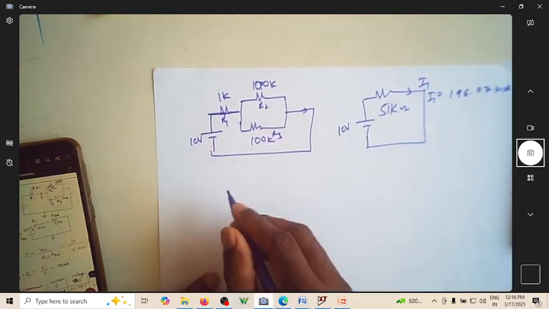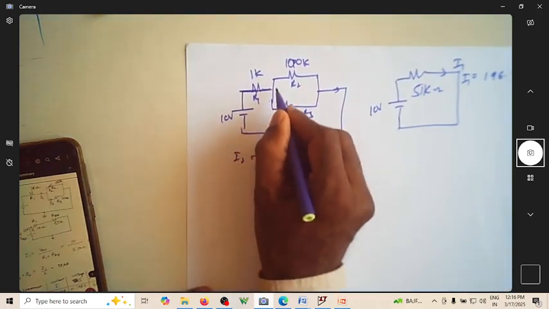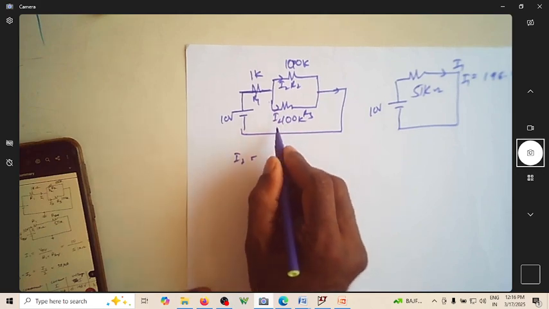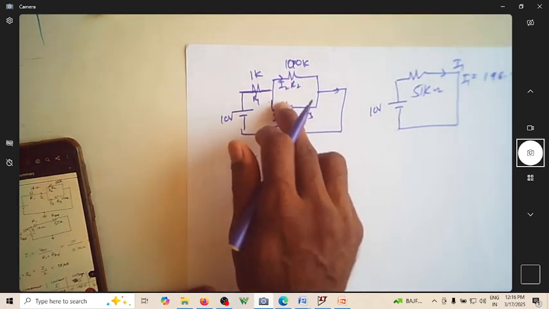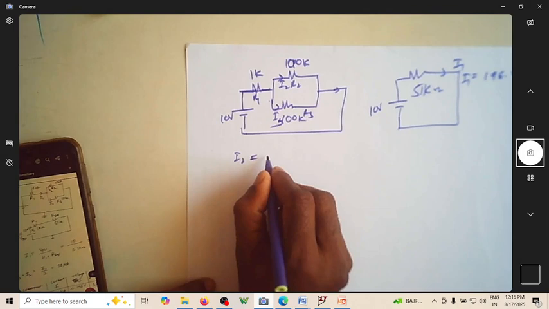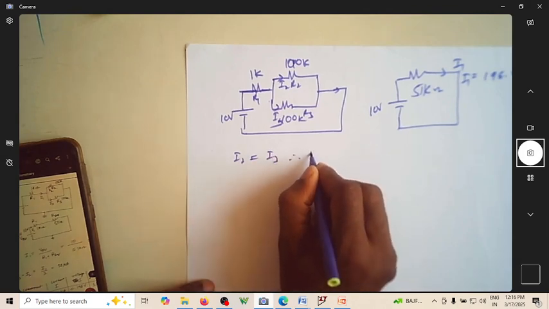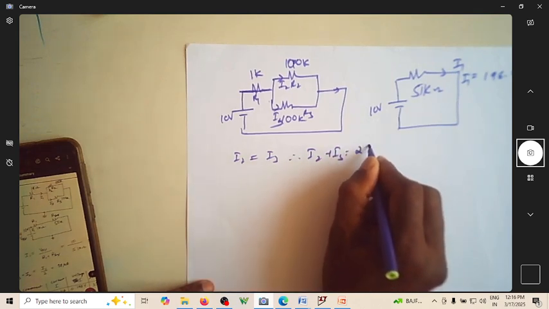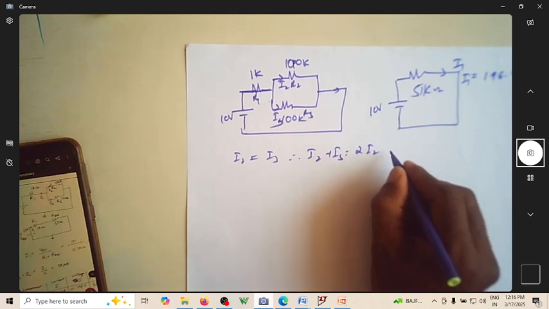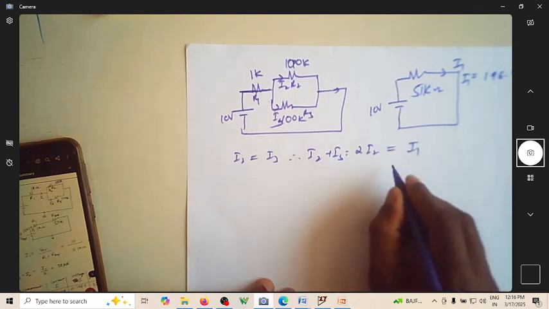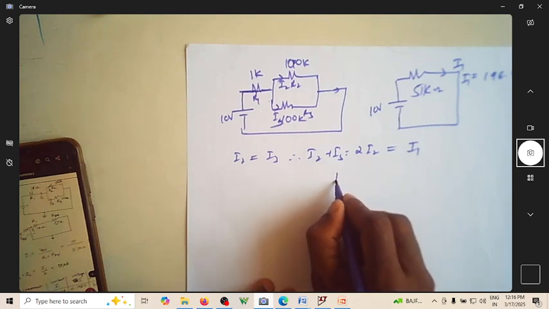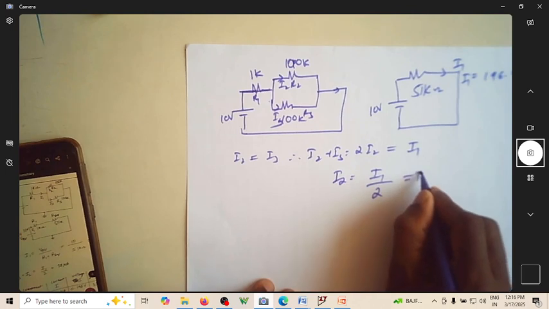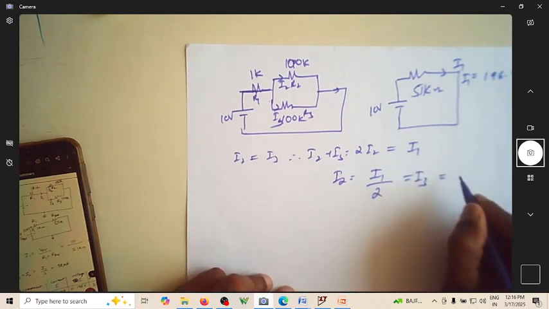This is I1. Similarly, what is I2? Whatever I2 and I3 are, they have to be the same because you have the same resistor. I2 is equal to I3. Therefore, I2 plus I3 is equal to 2 times I2, which is equal to I1. So I2 is equal to I1 by 2, which is equal to I3 also. How much is this?